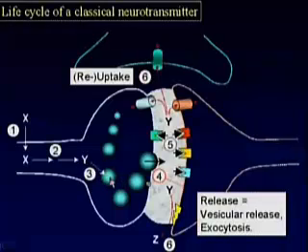Y has to be loaded into the vesicle. So there is a specific vesicular transport protein for this Y. It may be the final transmitter that would be released, or a precursor, and then the final production or synthesis will occur inside the vesicle.